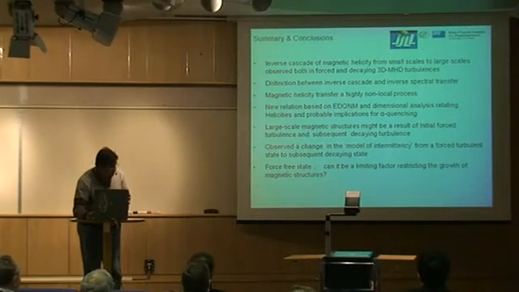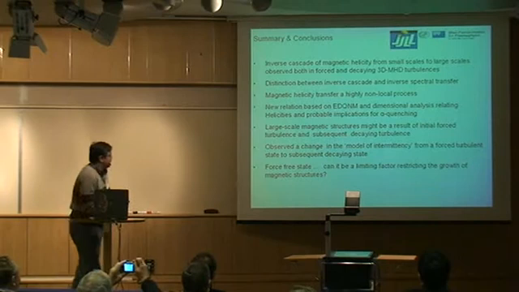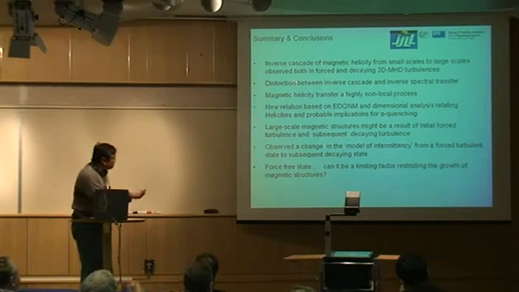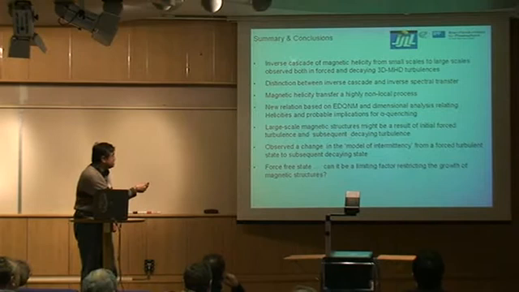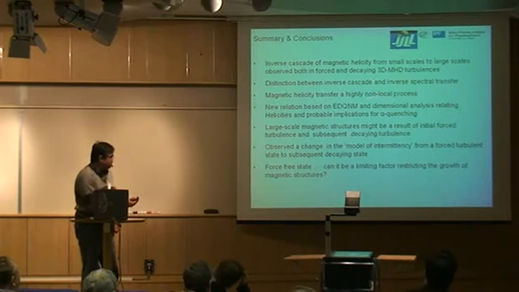So these are the important conclusions I can make: that inverse cascade of magnetic helicity from small scales to large scales is observed in both forced and decaying cases, or at least I should say spectral transfer. And then magnetic helicity transfer is highly non-local.